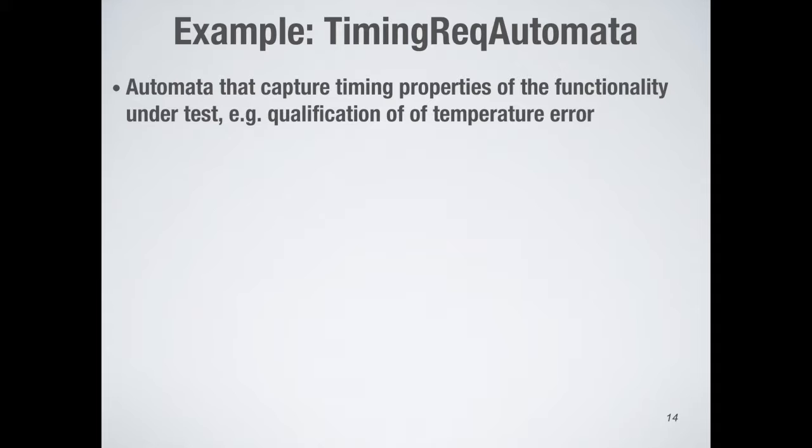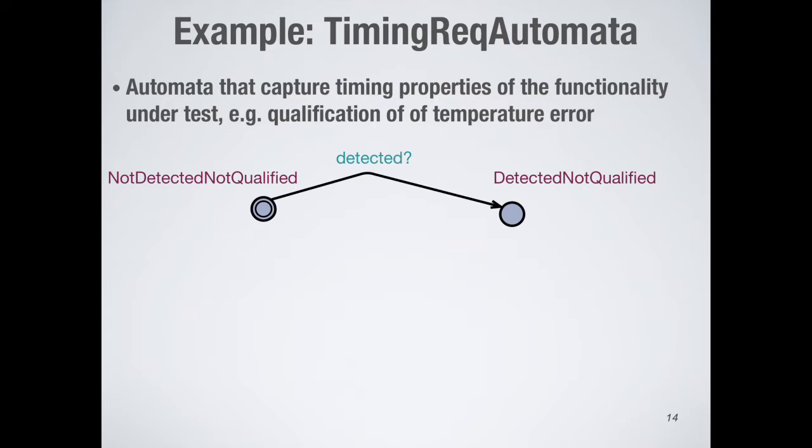First we have an initial state, not detected, not qualified. When an error is detected, it will move to the state detected but not qualified. If the error immediately disappears, it will move back to the state not detected, not qualified.